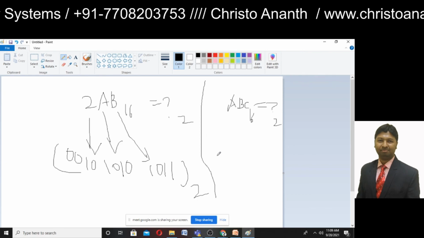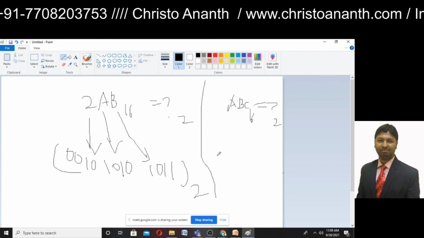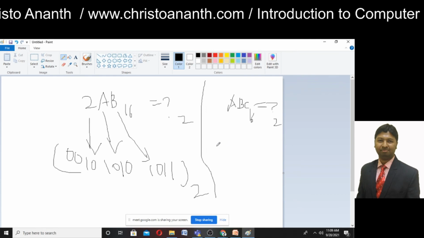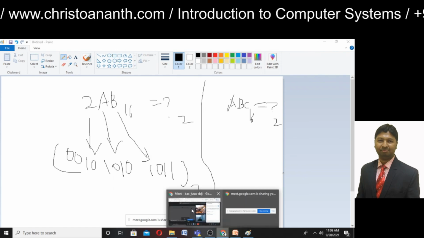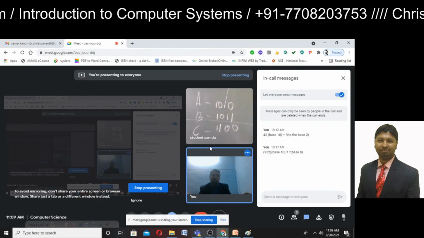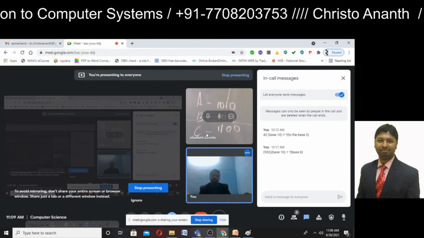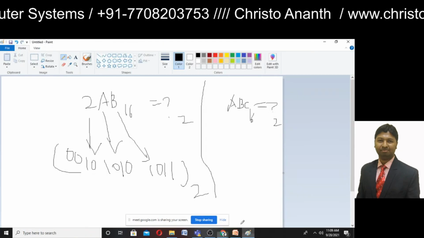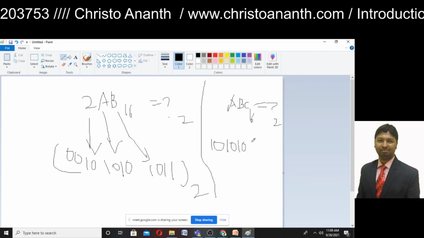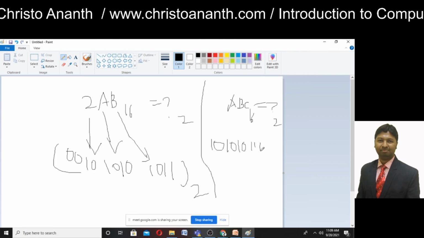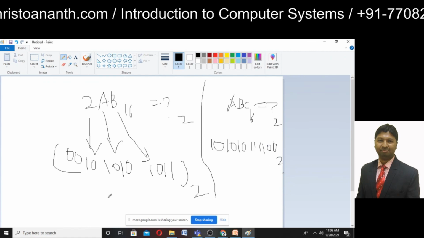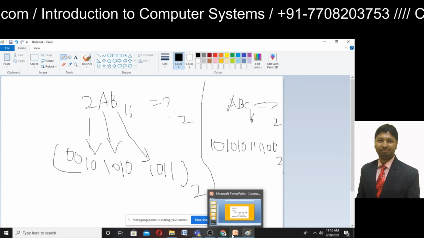As many as you want, you can solve. Very good, it is correct. So 1010 1011 1100 to the base 2. It's true.